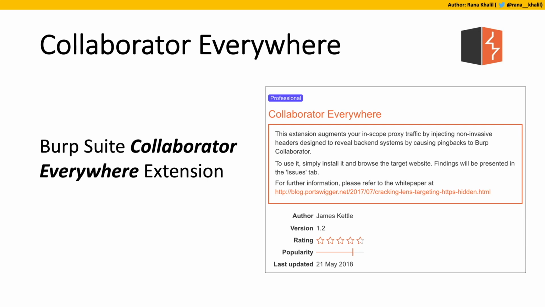So it'll do that manual check for you where you put in the domain of your Burp Collaborator, and if you get a ping back, that means it's vulnerable. If you don't get a ping back, that means it's not vulnerable. It'll automate that portion for you so that you don't have to manually do it for every parameter.